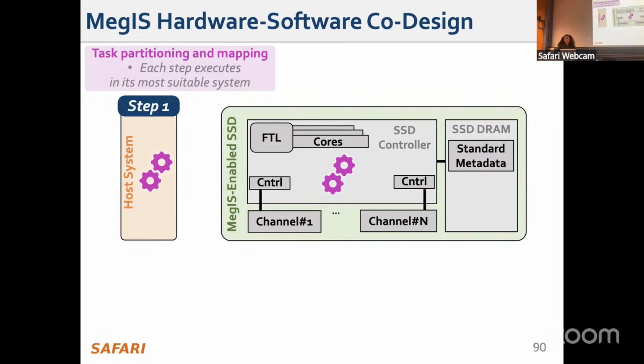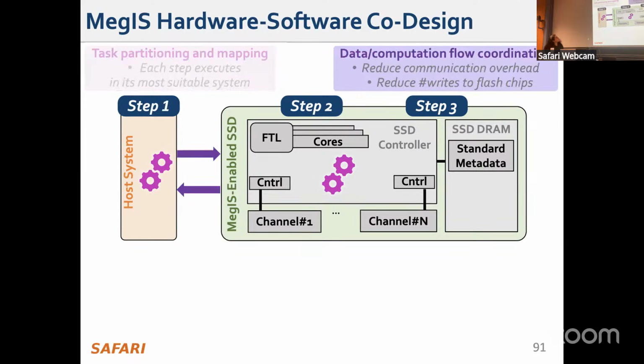So the first aspect of our co-design is task partitioning: to make each step run on the system that benefits the most from it. The other one is to have some data and computation flow coordination to reduce communication overhead between these and reduce the number of writes to the flash chips.